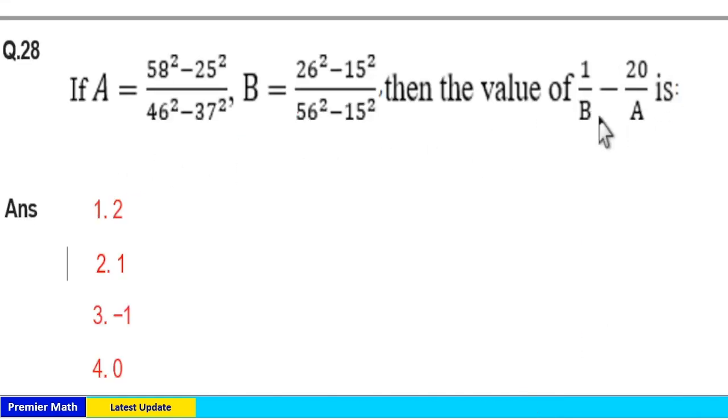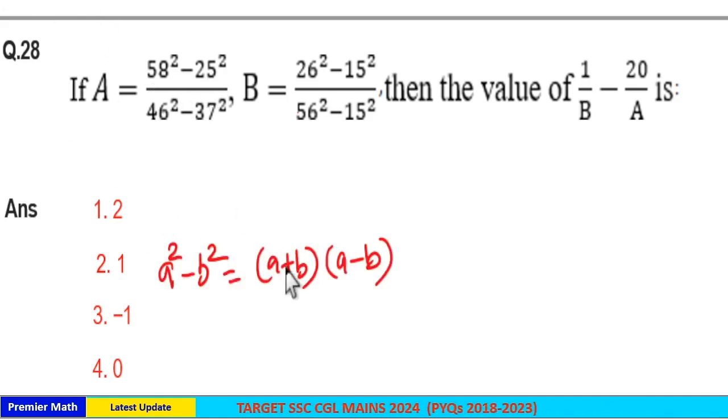Here find the value of the given term. If you look at this, A and B are in the form of a square minus b square. That is, a square minus b square is equal to a plus b into a minus b. So write 58 square minus 25 square as 58 plus 25 into 58 minus 25, and the same with a and b.